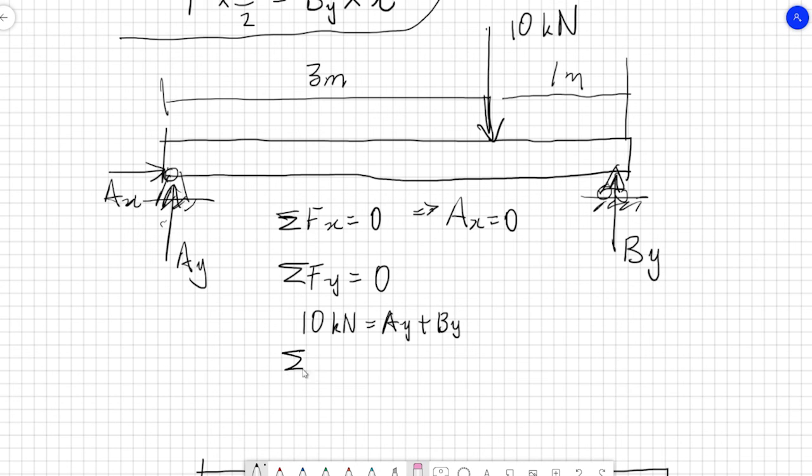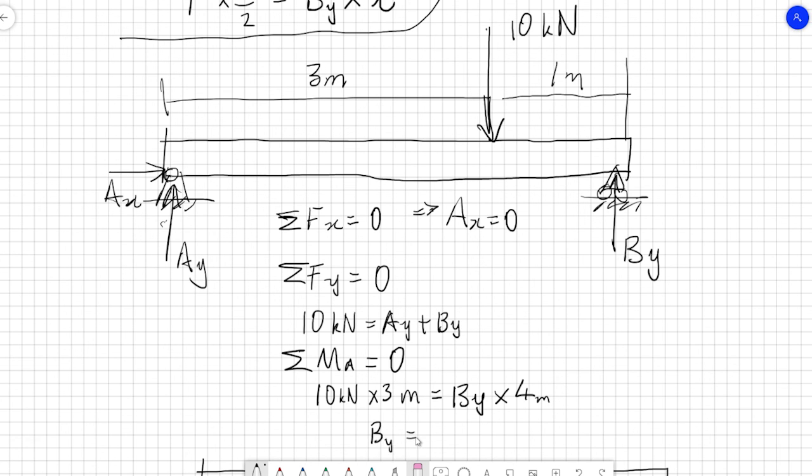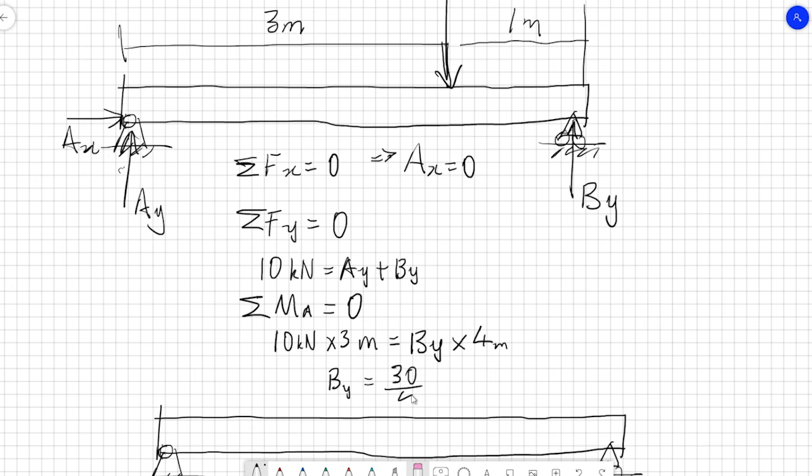So for the sum of the moments at A, once again, because it's a pivot, the thing can rotate, it has to equal 0, which means the moment of 10 kilonewtons times 3 meters has to equal By times 4 meters. Which means By equals 30 over 4, which equals 7.5 kilonewtons.